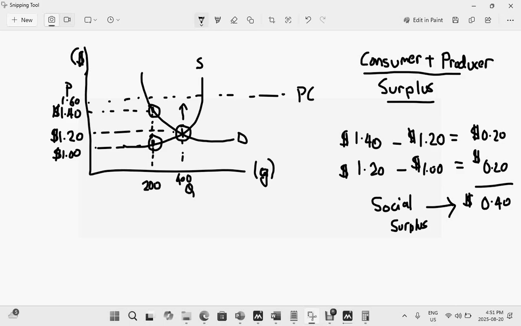Even worse, if the price ceiling was set at this level, let's say at $1, which is below the equilibrium point, technically speaking, the consumer is far better off than the producer because the producer can't go over $1 per gallon, which means they can't raise their prices above $1.